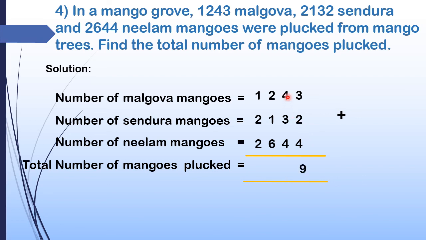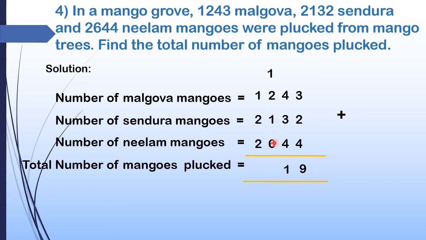Then next column. 4 plus 3. What is 4 plus 3? 5, 6, 7. Then 7 plus 4. Keep 7 in your mind, 4 in your fingers. 8, 9, 10, 11. So write 1 here. Then carry over 1 to the next column. So 2 plus 1. What is 2 plus 1? 3. 3 plus 1? 4.